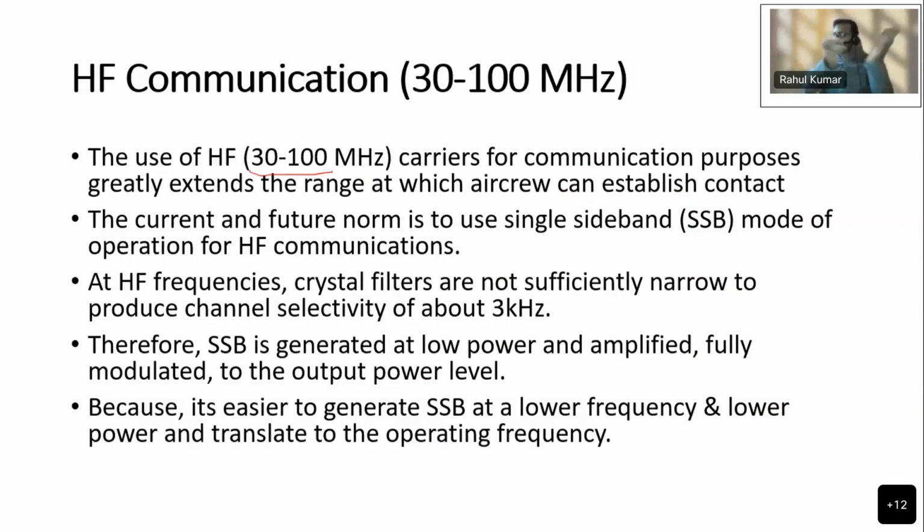Okay, so obviously we have the VHF communication system. So why do we need HF communication? Right, it provides an additional range of frequency over which the pilots can communicate.